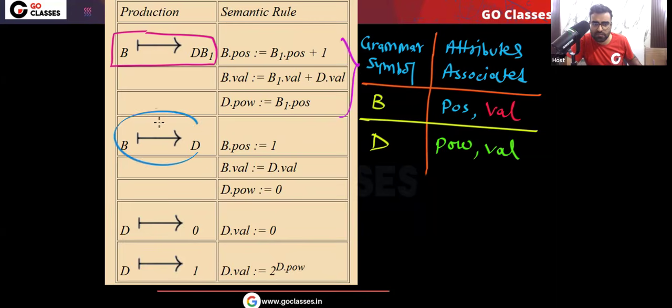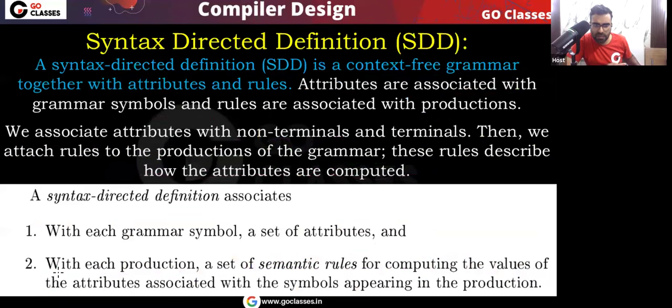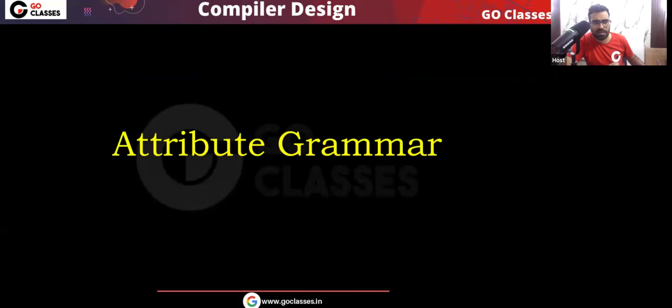Similarly, with this production, multiple semantic rules are associated. Is this clear? This is what I'm saying here: with each production, a set of semantic rules are associated for computing the values of attributes associated with the symbols appearing in that production. Simple. I hope you understood.